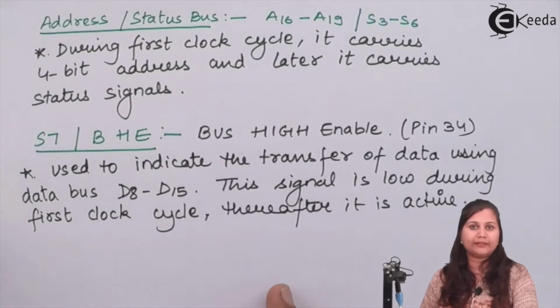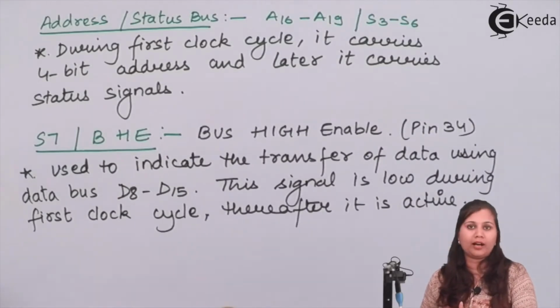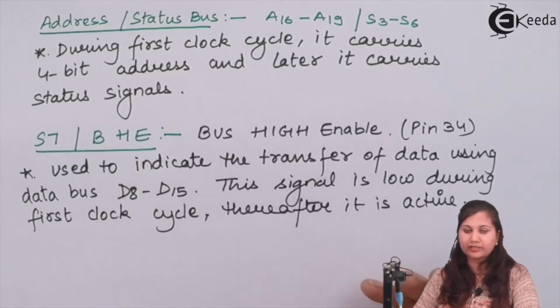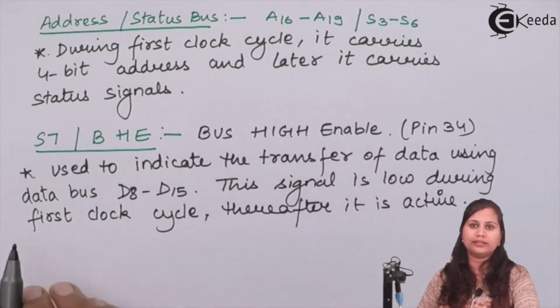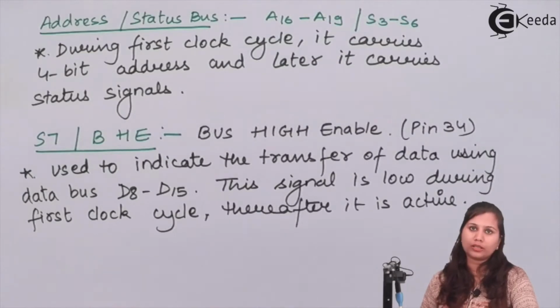When it is active, it means that the data available on the bus is the higher order data, and that has to be transferred.